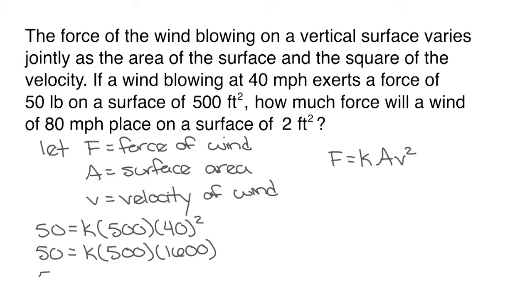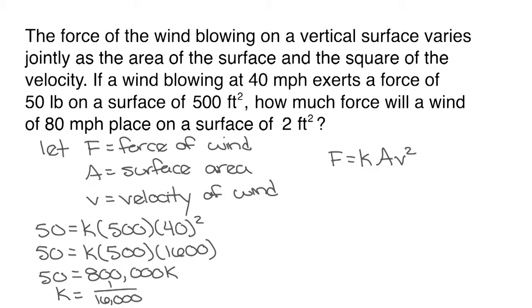Multiplying on the right side, we have 50 is equal to 800,000 K. And dividing both sides by 800,000, we have K is equal to 1 over 16,000.